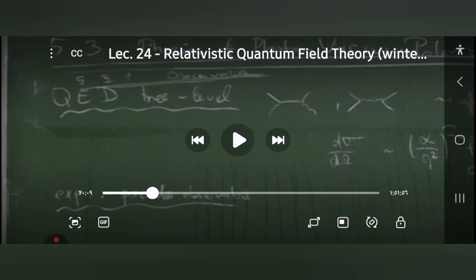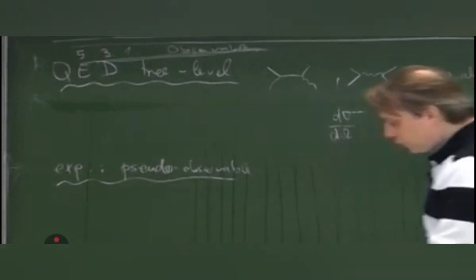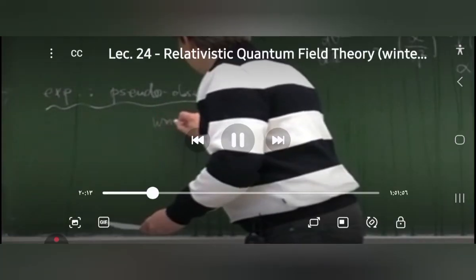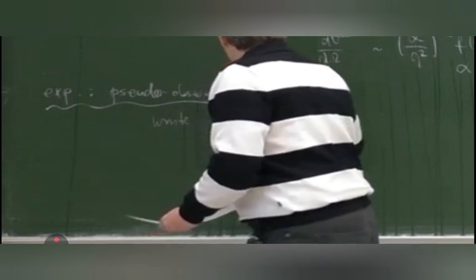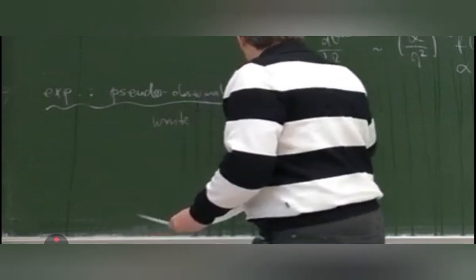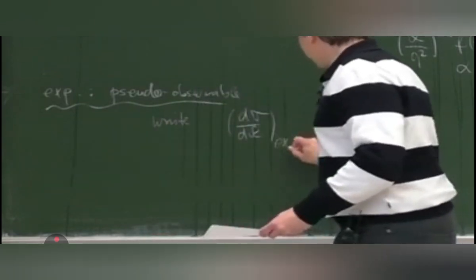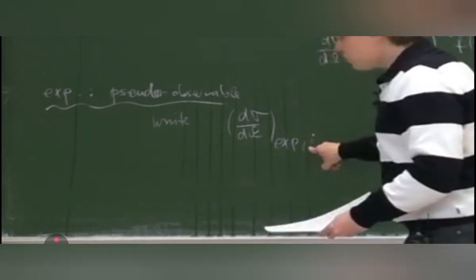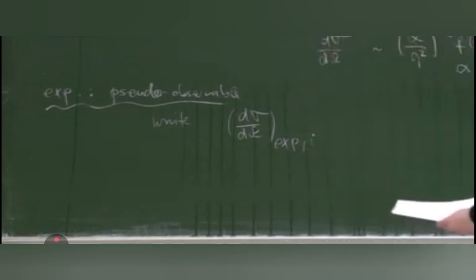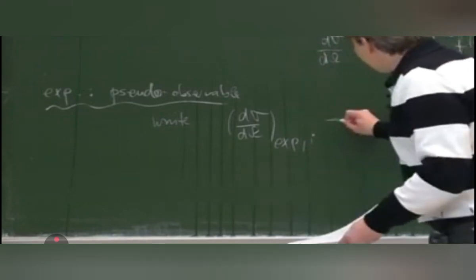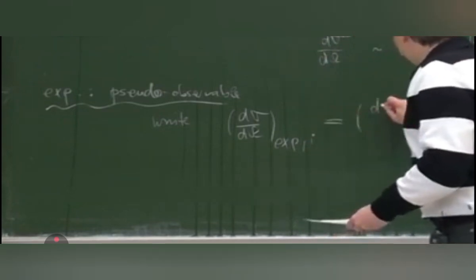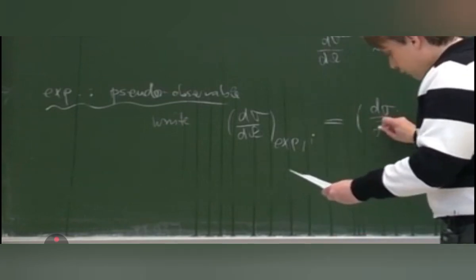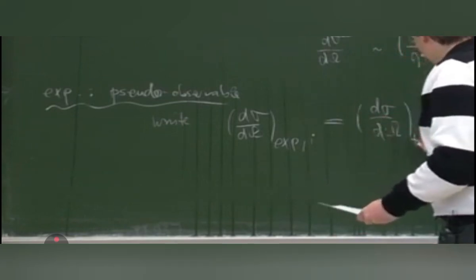For pedagogical purposes, let's look at such observables, where we can write that the experimentally observed cross-section d sigma by d omega, which directly comes from data, say experiment I, we have many experiments labeled by an index I, can be mapped to the tree-level QED prediction by definition.